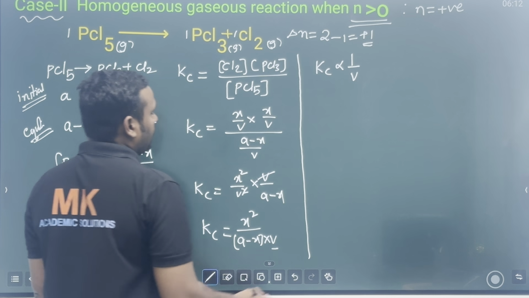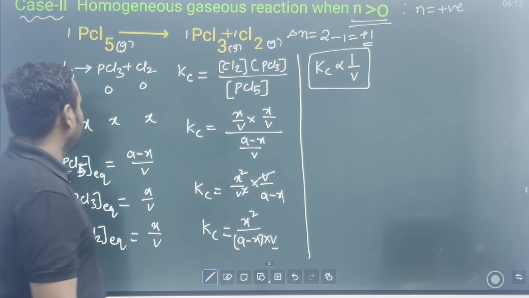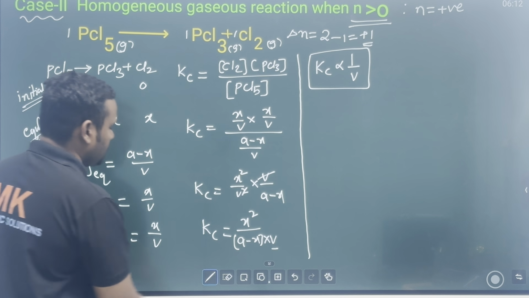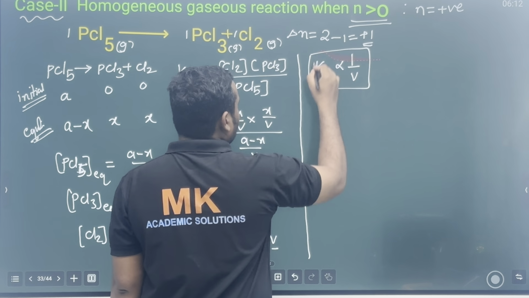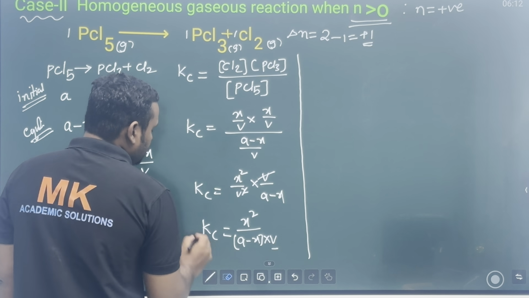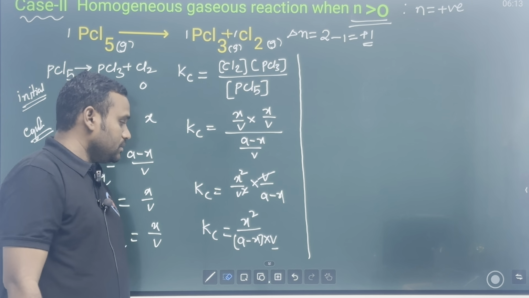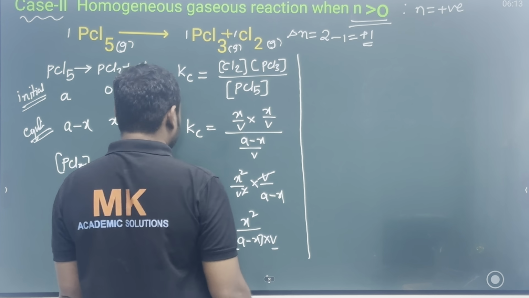Okay, right, correct only. So later we conclude this. Okay, first you remember this. Okay, so Kc is equal to what? x square by A minus x into V. Okay, right.